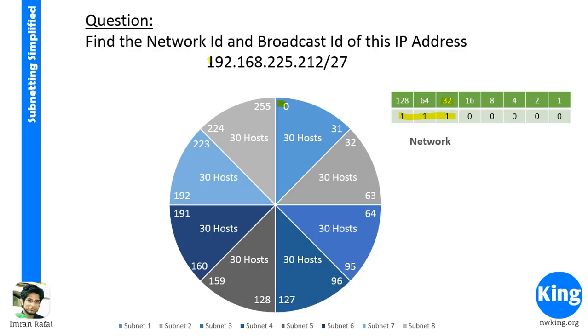Now, where does this IP address come? 192.168.225.212. Each of these numbers represents the last octet. So 212 comes here. That means our answer for this question to find the network ID and the broadcast ID is this: 192.168.225.192 is our network ID, and 192.168.225.223 is our broadcast ID.